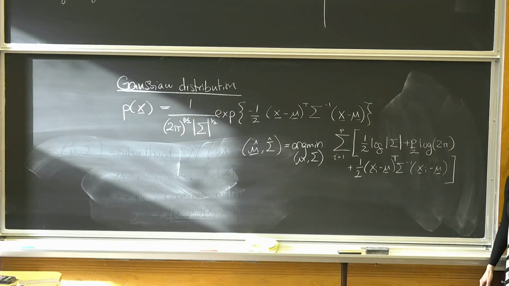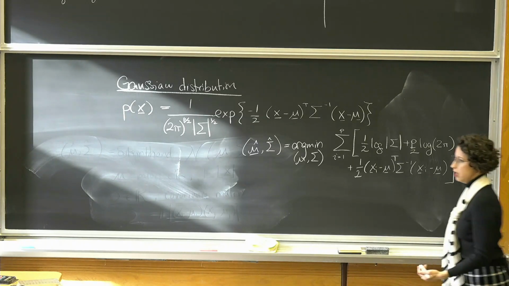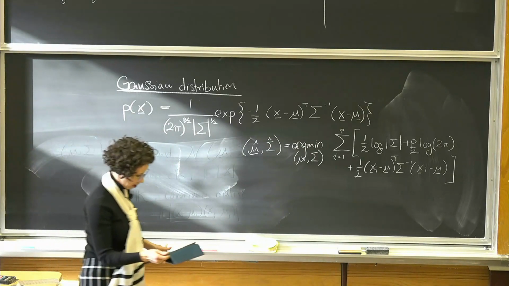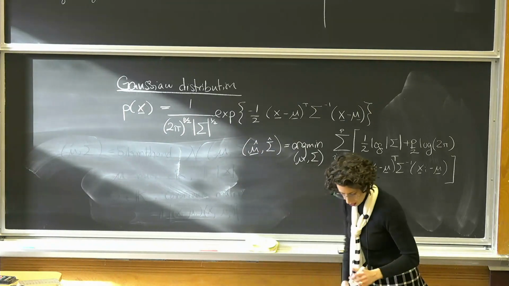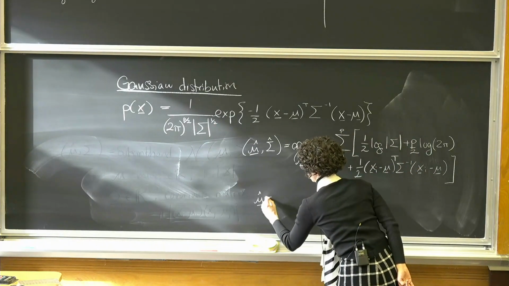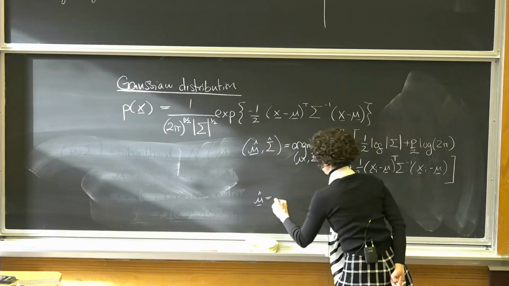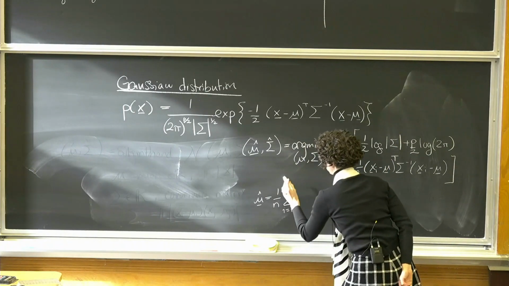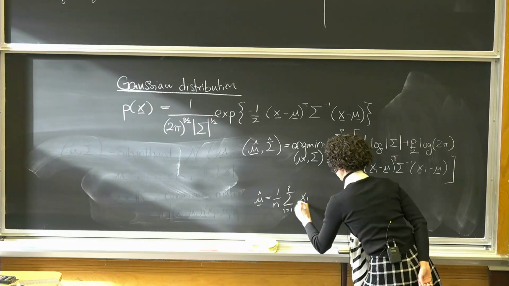Okay, so if we were to try to solve this optimization problem, then we would get the following. We're not going to derive it here in class, but mu hat is exactly what you would hope it would be, 1 over n times the sum from i equals 1 to n of the xi's.